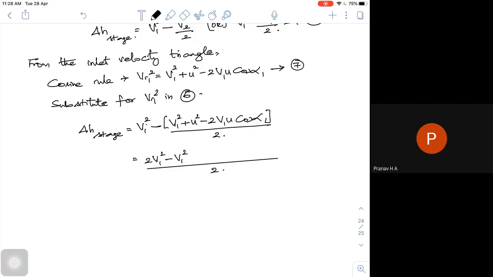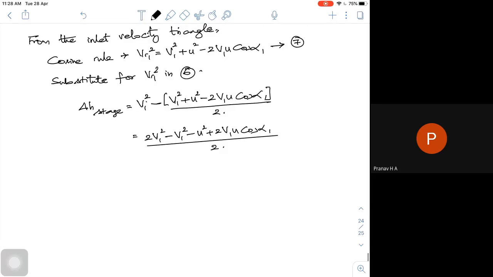Everything else automatically turns out to be minus, plus, minus, plus: minus U square plus 2 V1 U cos alpha 1. So 2V1 square minus V1 square will become V1 square, plus 2 V1 U cos alpha 1 minus U square, the whole thing divided by 2. This is your enthalpy change per stage.